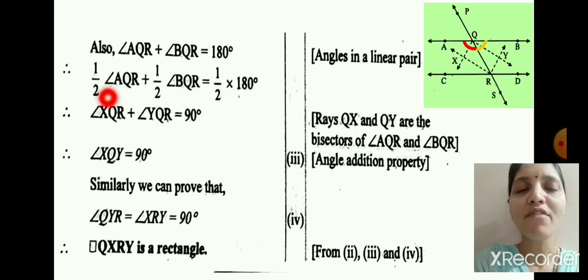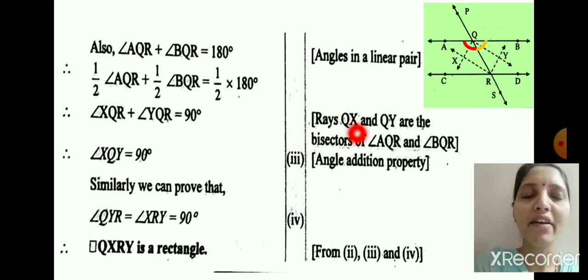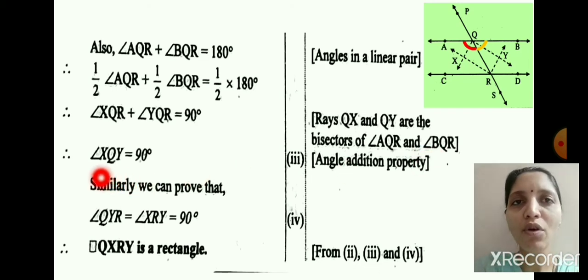So half of angle AQR is nothing but angle XQR plus half of angle BQR is nothing but angle YQR, that is equal to 90 degrees. Reason you will write as ray QX and QY are the bisectors of angle AQR and angle BQR. Therefore, angle XQY is equal to 90 degrees.